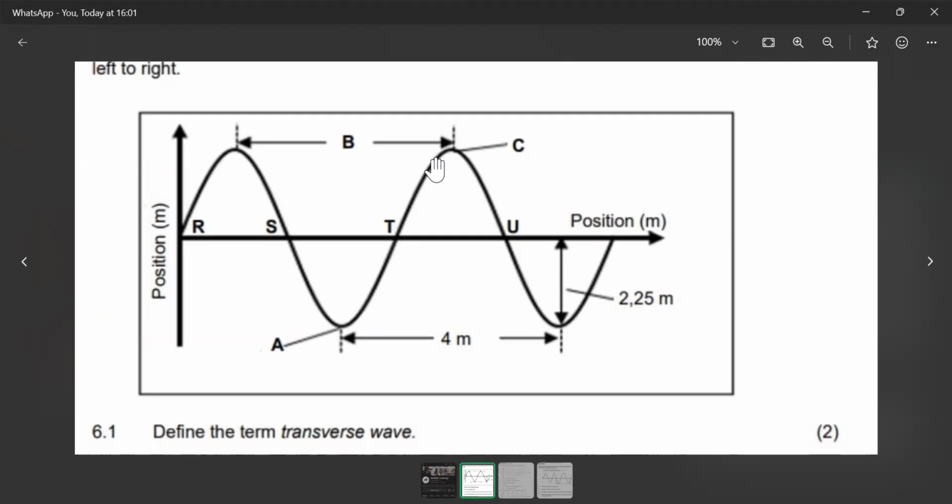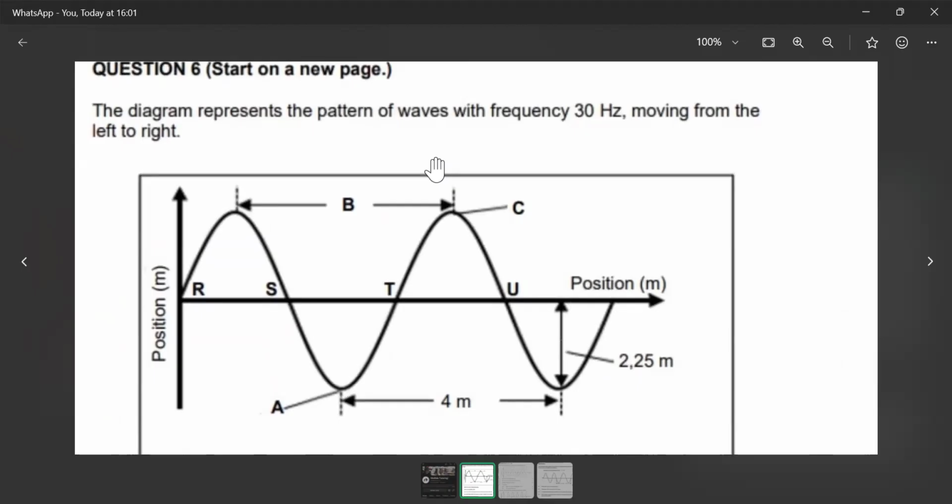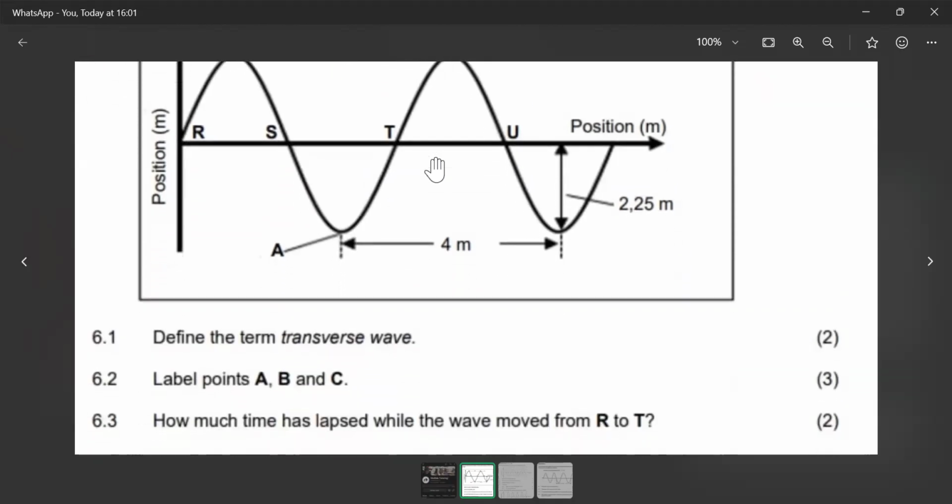If we look at the point B, B is not a point, but a distance between two crests. So B becomes the wavelength. And then C is the highest point on the wave, so it becomes a crest. All right. Trough, wavelength, crest. Those are the labels.